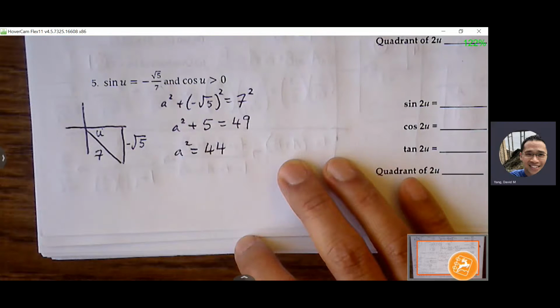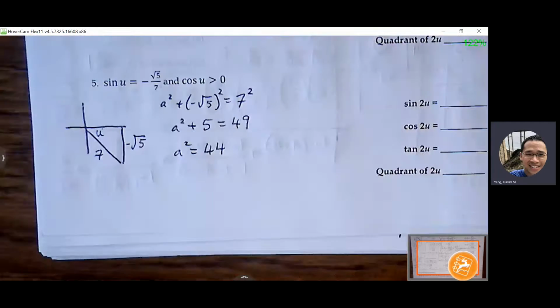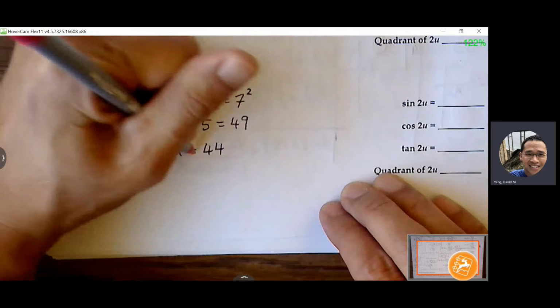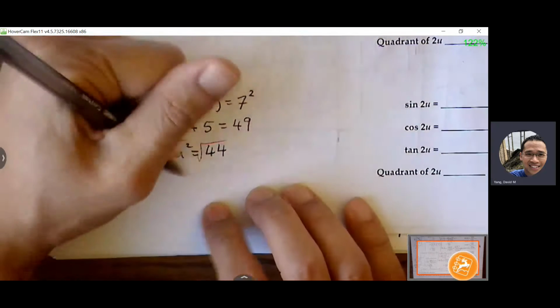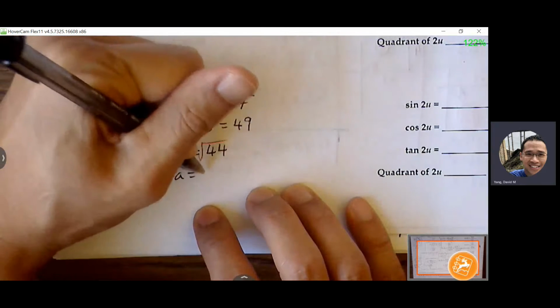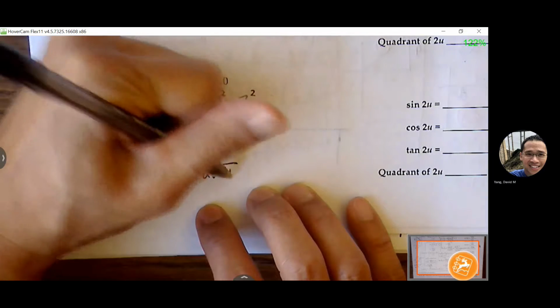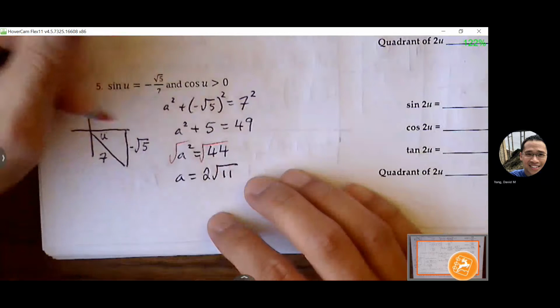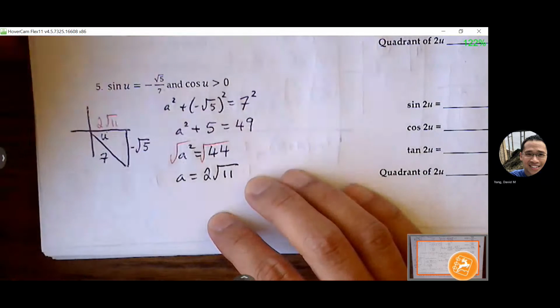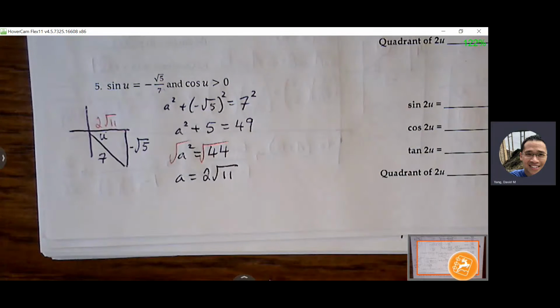Good so far? Take the square root of both sides. A equals root 44, which is the same thing as 2 root 11. And now everything is just the same after this, right? Good. Okay.